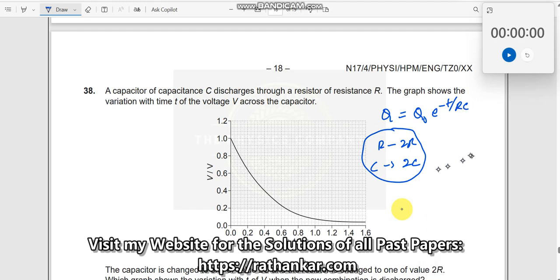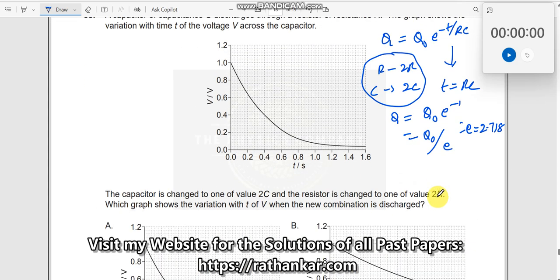If I put t equal to RC in this expression, then I will get Q is equal to Q naught e to the power of minus RC by RC, which would be minus 1, which should be equal to Q naught by e. Now what is e? e is nothing but 2.718, a constant value, the Neperian value here, right? So when I substitute this value, this would be Q naught divided by 2.718.